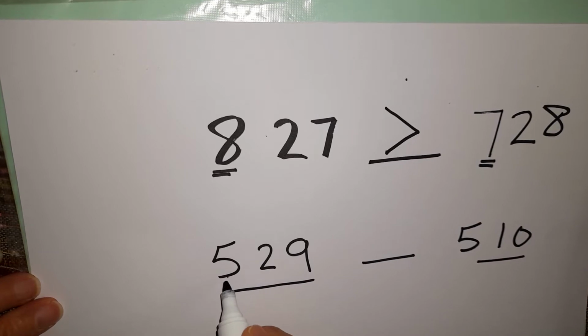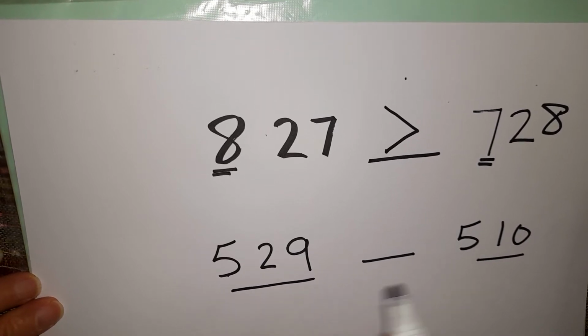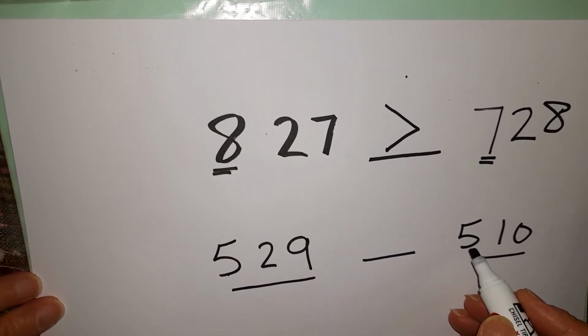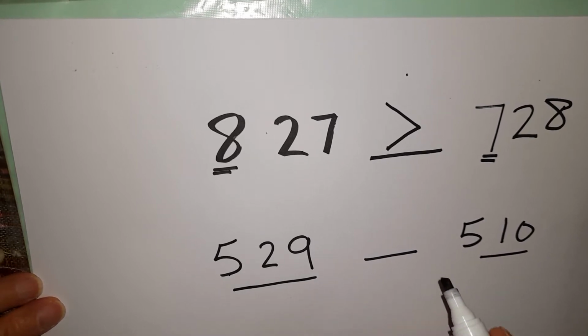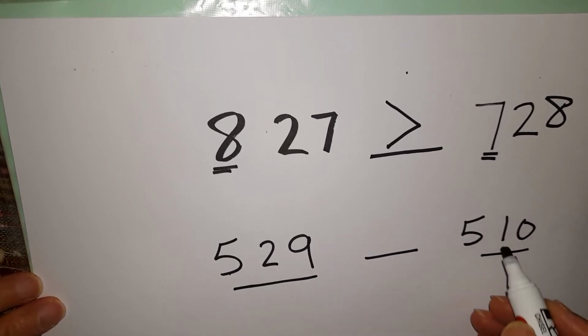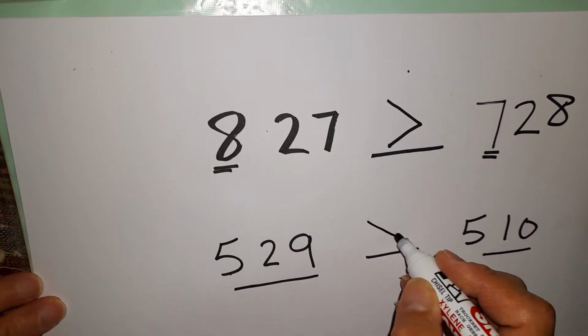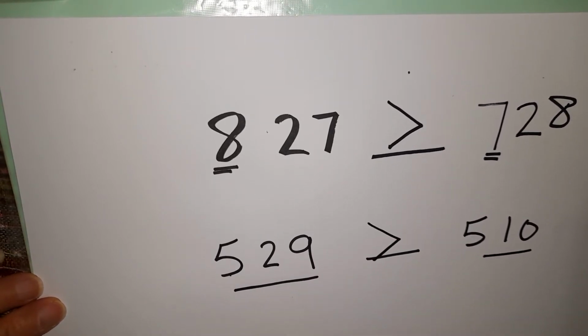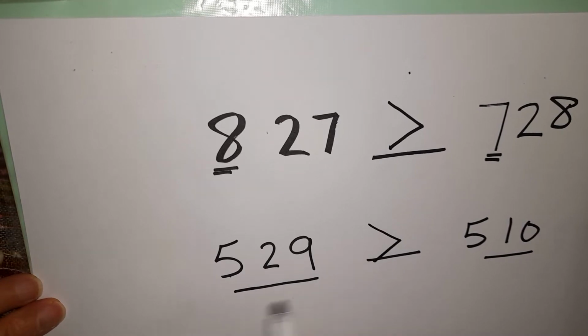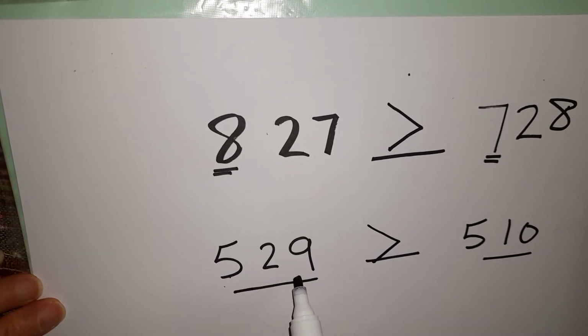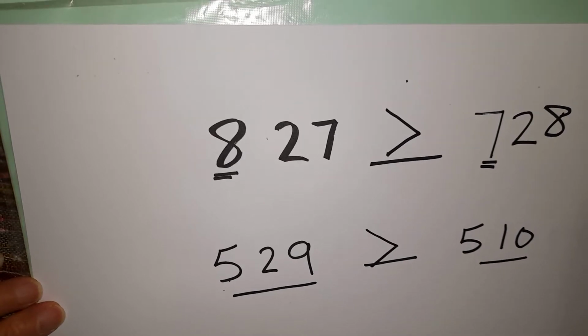This is the hundreds. I have 500 and 500, they are equal. So I should go to the second step. 2 tens, 1 tens. 2 is greater, so I should give the big mouth to this one. Read it: 529 is greater than 510.